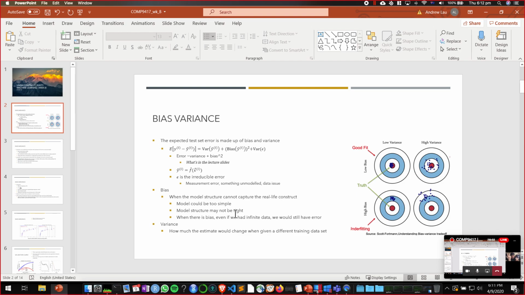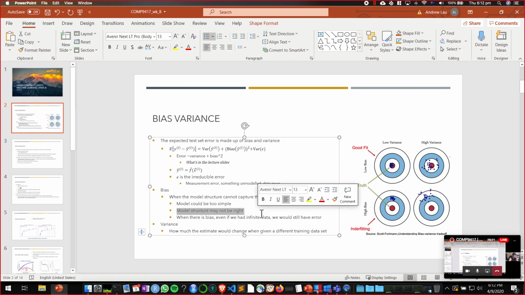So you've only got two parameters, but perhaps whatever construct you're trying to model is far more complicated than that. Given that the model isn't flexible or complicated enough, it can never truly capture what you're trying to model, right? So that could be one source of the bias.